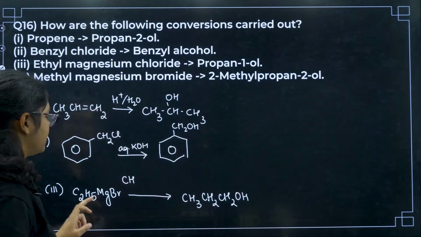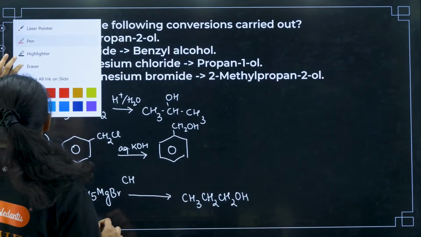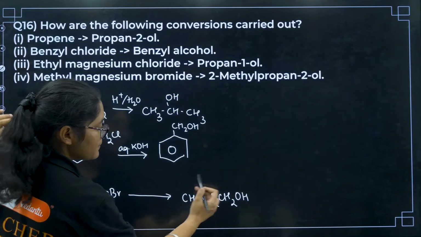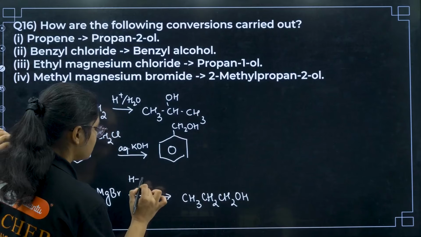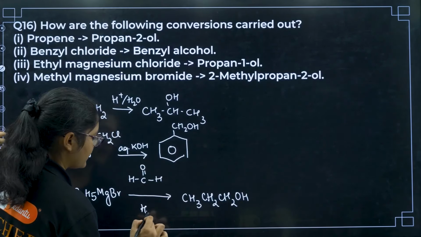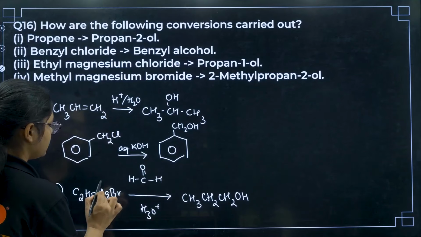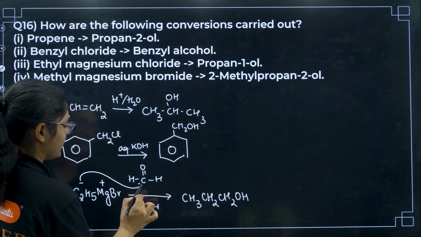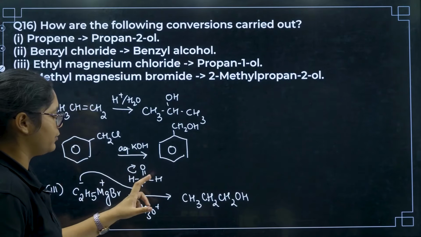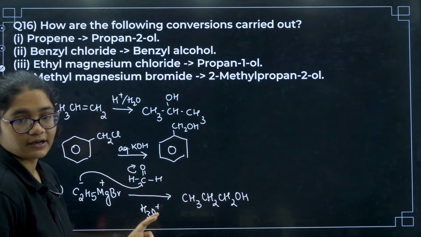Already I have 2 carbon here, so I just need 1 carbon here, right? And always remember, whenever you are getting a primary alcohol, then the reactant must be a formaldehyde. So if you take this one in acidic medium, what will happen? This is plus, this is minus, this one will attack here, this one will go here. So you will get OMgBr, then you will get OH, and you will get this as the final product.